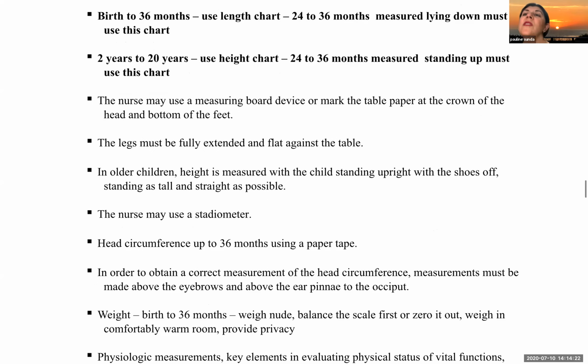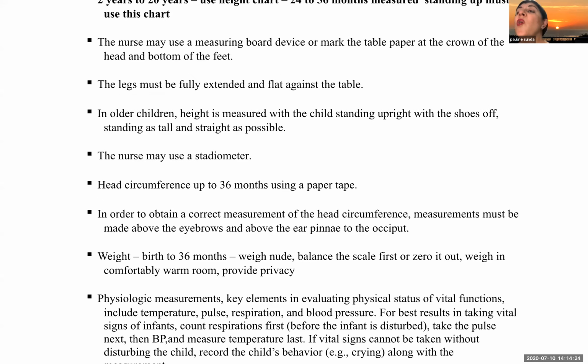The nurse may use a measuring board device, or when the child is laying down on the table paper, you can mark the crown of the head, and then you want to straighten the legs out so they're fully extended and mark the bottom of the feet. And then you can easily measure the distance between the 2 points.